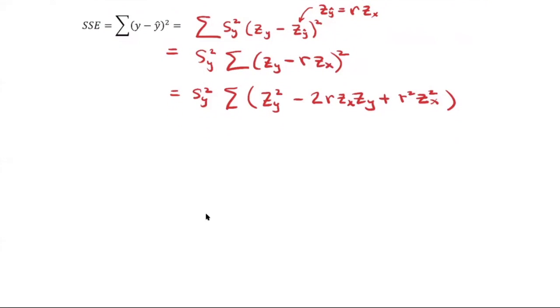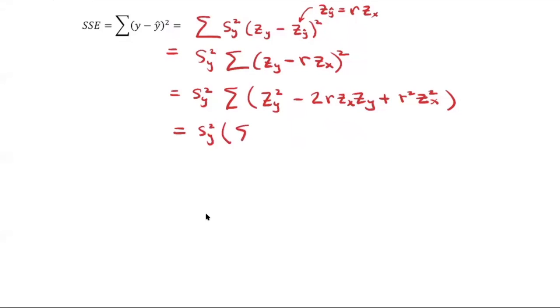Okay, and then the sum of a bunch of things added together, you can add in any order you like. So I think I would write this as sy squared, maybe some parentheses, and here go a few things added together.